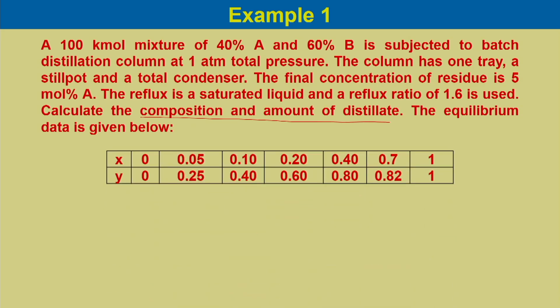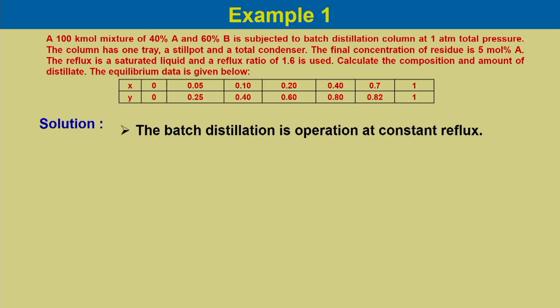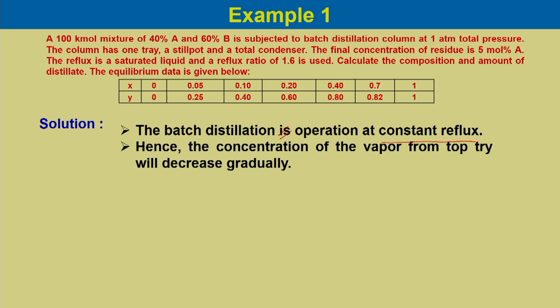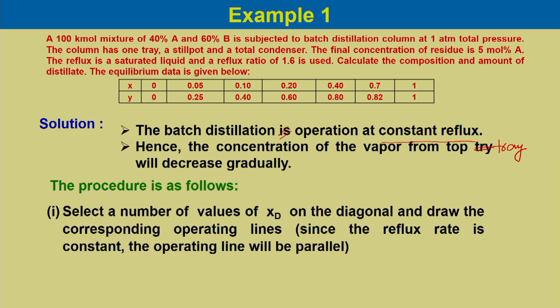The equilibrium data is given, so x and y data are given and we can plot the equilibrium curve. For batch distillation with constant reflux, the concentration of the vapor from the top tray will decrease gradually. The procedure to be followed is: select a number of values of x D, that is the distillate product, on the diagonal and draw the corresponding operating lines.